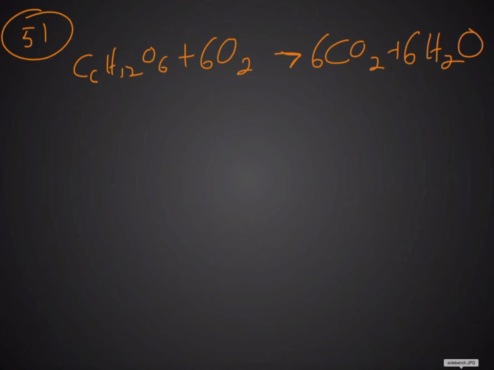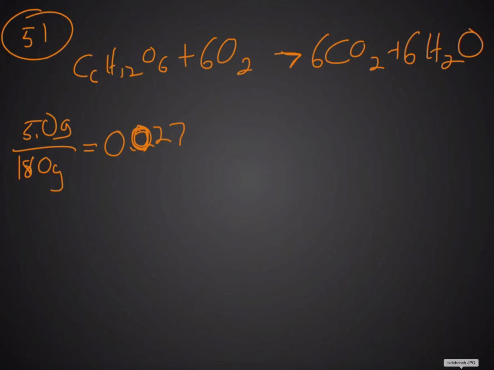Everything goes through moles. All roads lead to moles. So in order to figure out how many moles of oxygen we need, we've got to do some stoichiometry. 5 grams, the molar mass of the compound is 180 grams, so that means we've got 0.027 moles, and the ratio of oxygen to the sugar in the reaction is 6 to 1.